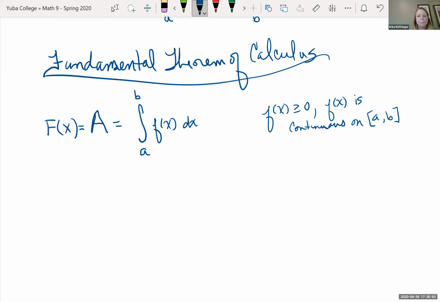Then we would write the antiderivative, we would denote it with a vertical line of our bounds a to b. This is equal to plugging in your larger bound, the top bound, into your antiderivative minus the lower bound of the antiderivative.